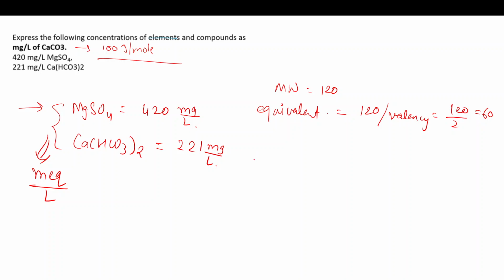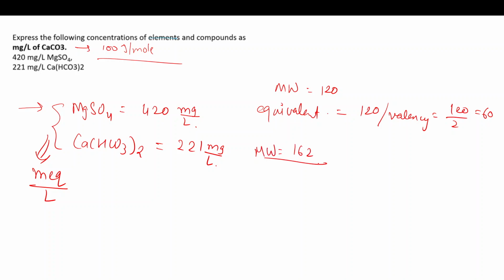While if you talk about calcium bicarbonate, calcium is 40, then hydrogen is 2, carbon 12 into 2 plus oxygen 16 into 6. So its molecular weight is 162, right?